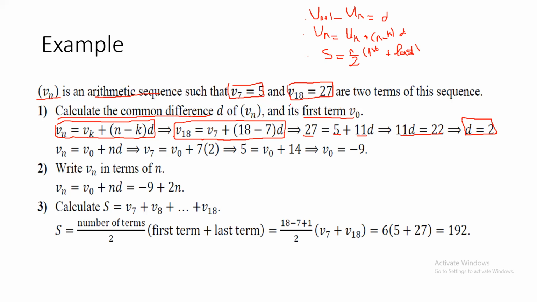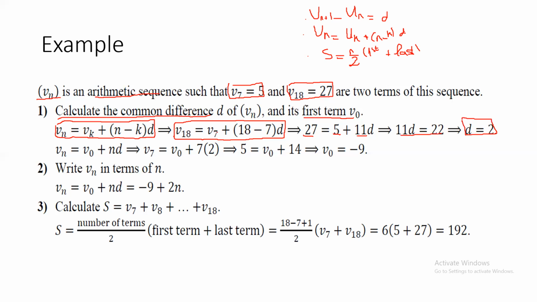Now to calculate V0, I put instead of n 7 and instead of k 0. Or I can put instead of n 18 and instead of k 0, doesn't matter.